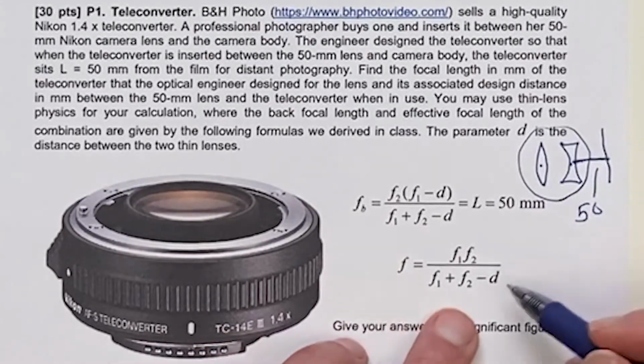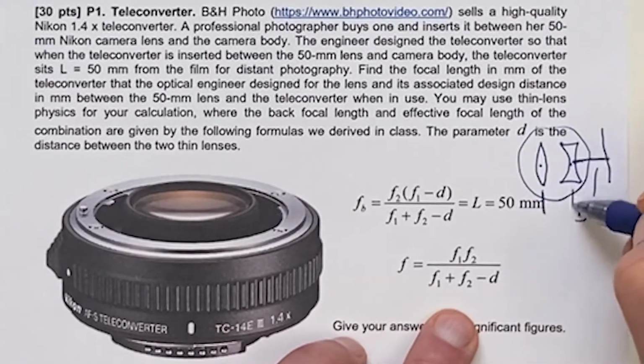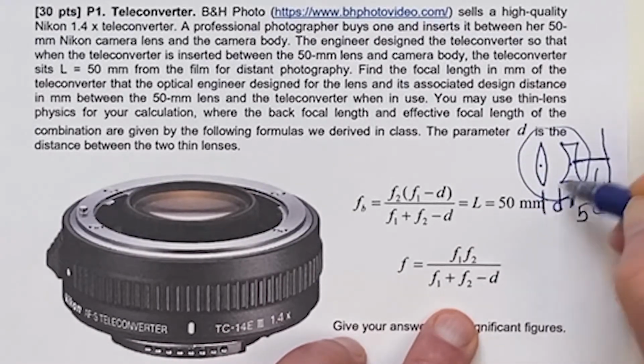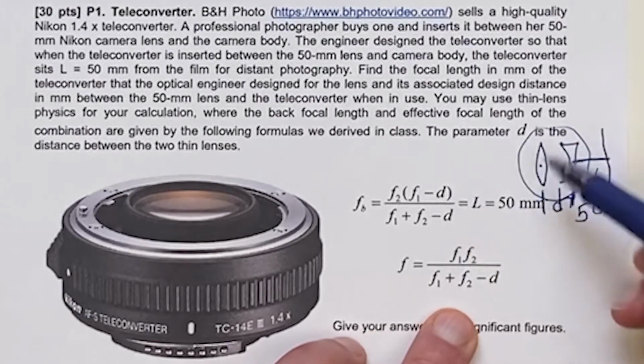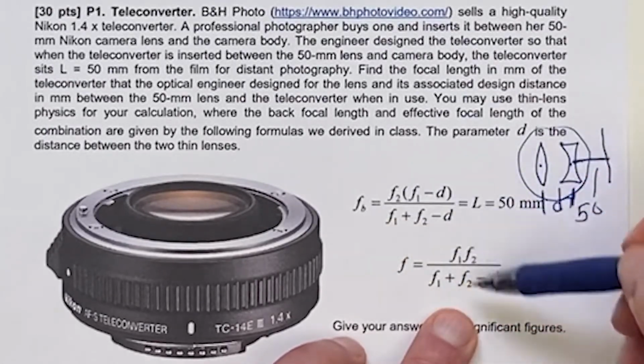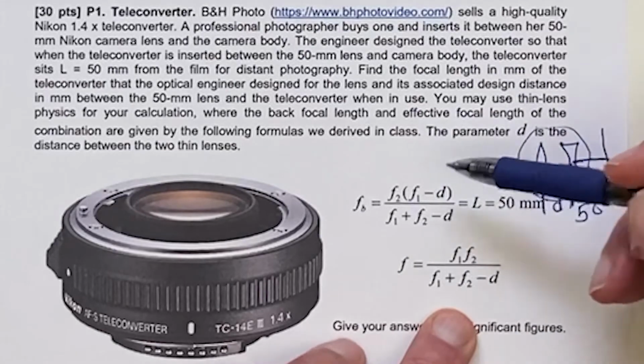And this is your formula, where you have your distance D between the two lenses. This is your formula that relates everything. And these were given to you on the exam. You don't have to memorize these.